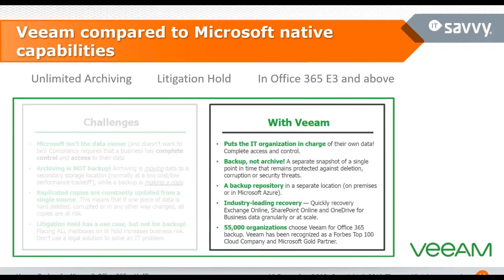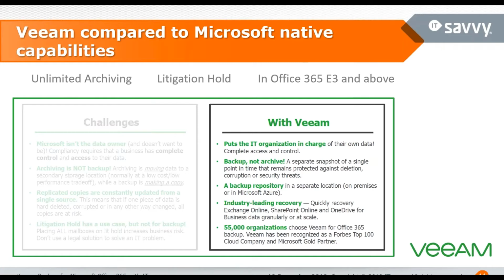So with Veeam, I'm hoping you're gathering the idea that we're putting you in charge of your data, and making sure you have control and access to it. Backup is not archive. The separate copy of data allows you to have other point in time restore options, which is protection against deletion, corruption, or security threats.